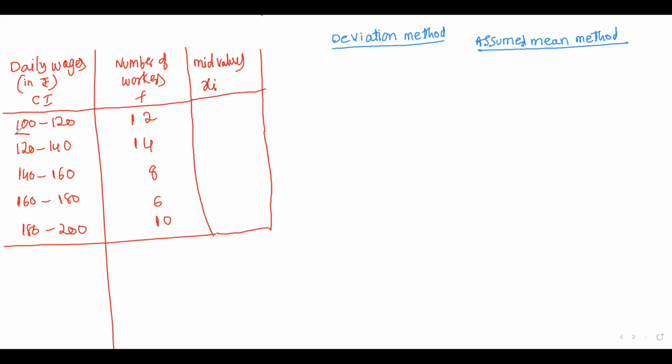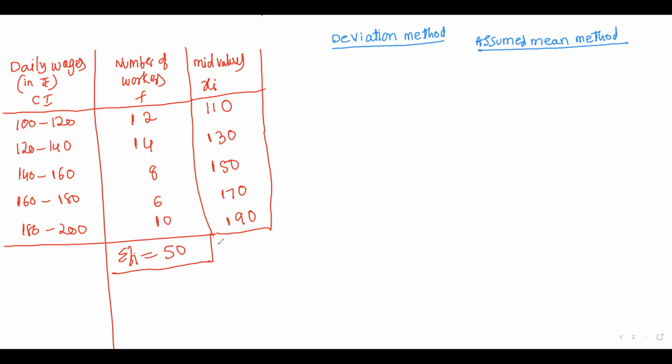Mid value of 100 and 120 is 110. 120, 140 mid value is 130. Similarly, 150, 170, 190. After finding all mid values, find out total frequency, which is 50.